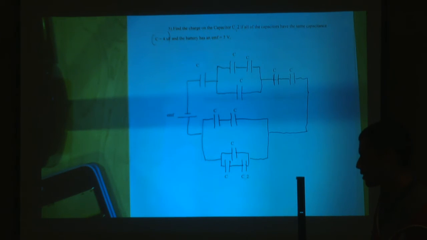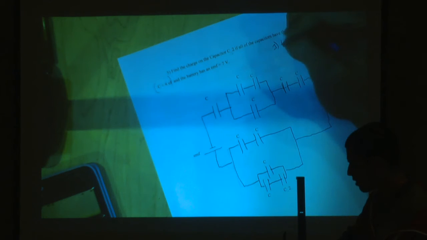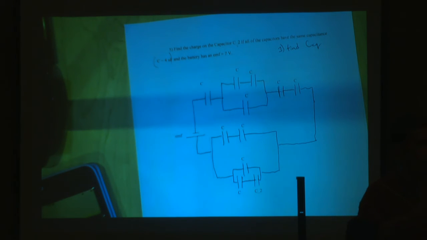Okay, so essentially our game plan here is going to simplify it to one capacitor, right? We're going to find our equivalent capacitance. So step 1, find our equivalent capacitance, and then work out. Just throw in our charges or our potential as we break it back up bigger and bigger.